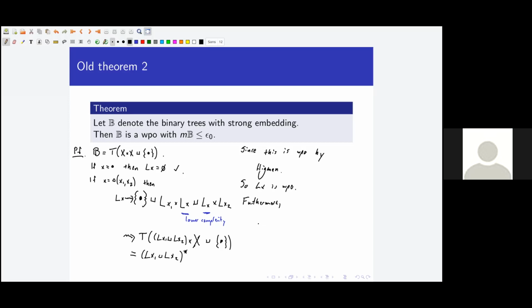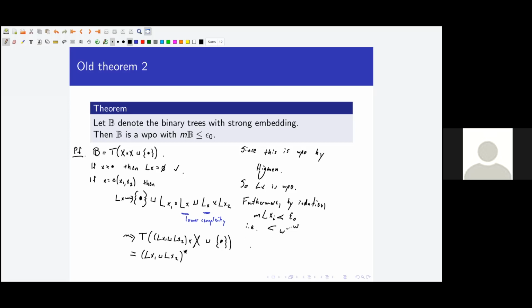Furthermore, by induction, just on these, the maximal order types of the subtrees, left sets, is less than epsilon 0, meaning it's less than some stack of omegas.